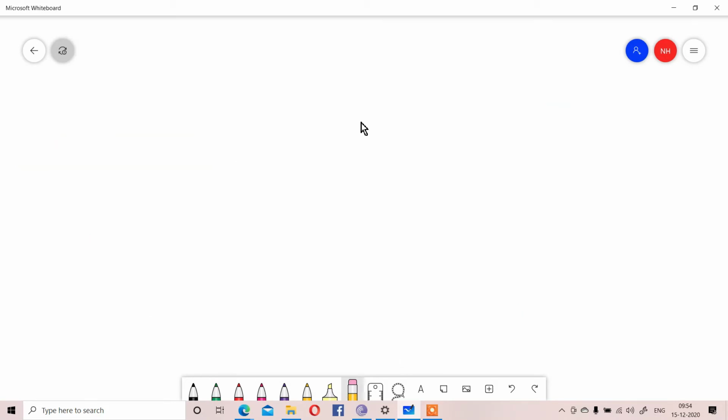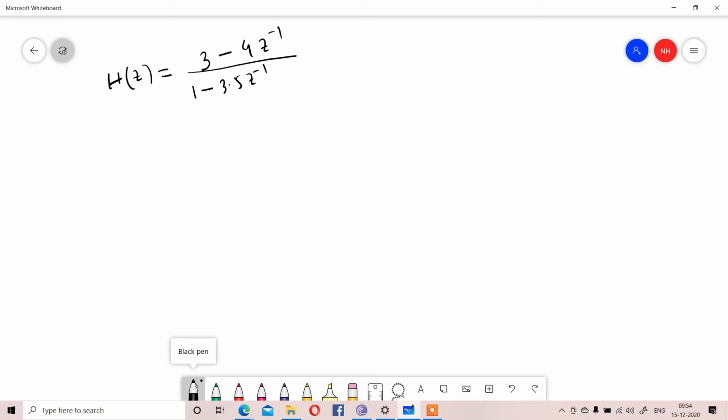So just write down the home task. H(z) is given as (3 minus 4z^-1) by (1 minus 3.5z^-1 plus 1.5z^-2).